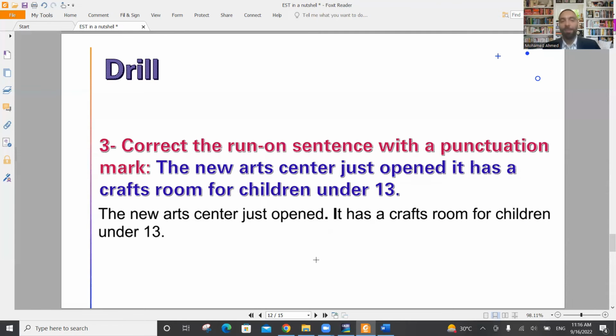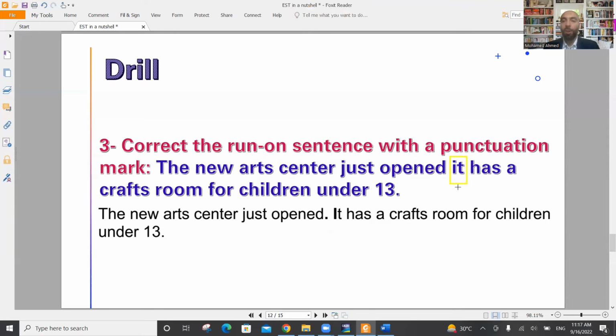Number 3. Correct the run-on sentence with a punctuation mark. Many ways to do this. Let's read that one and identify the error first. The new art center just opened. It has a crafts room for children under 13. Look here, it is the subject of the second sentence.